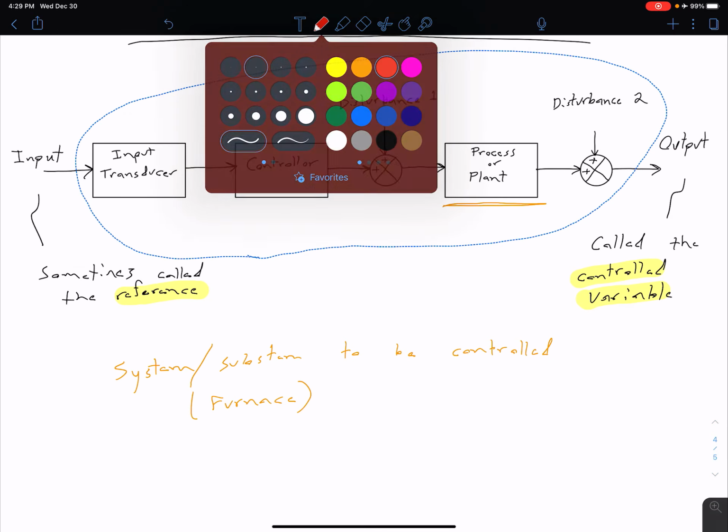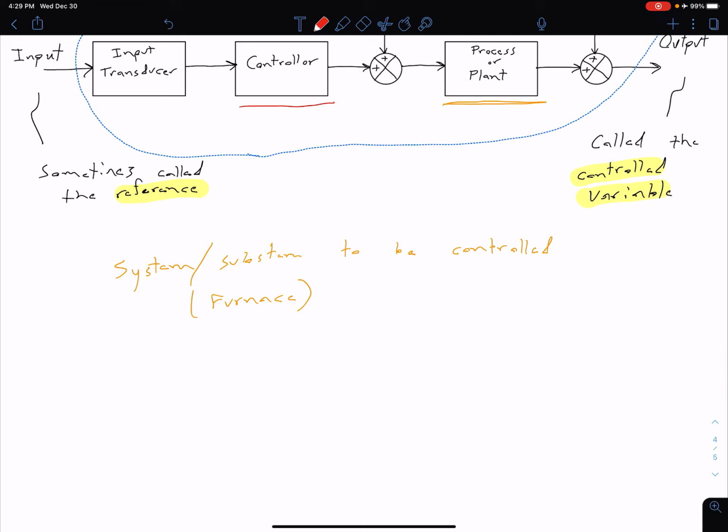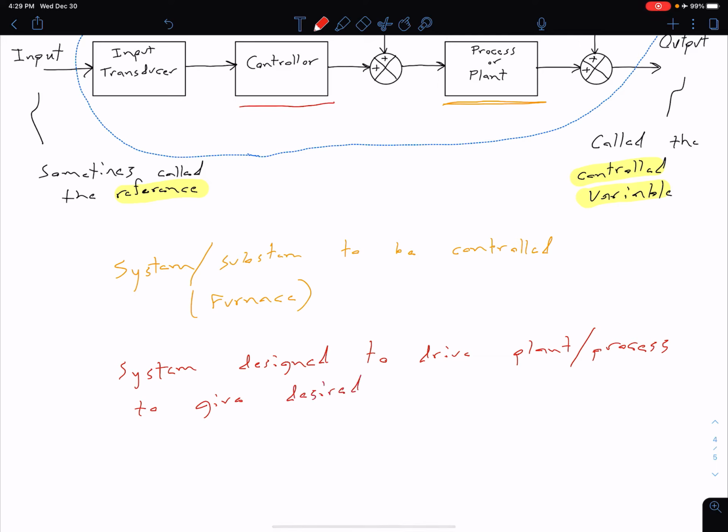The next thing we want to look at is our controller. Our controller is just the system designed to drive the plant or process to give us our desired output. With our furnace example, maybe that desired output is a certain temperature.